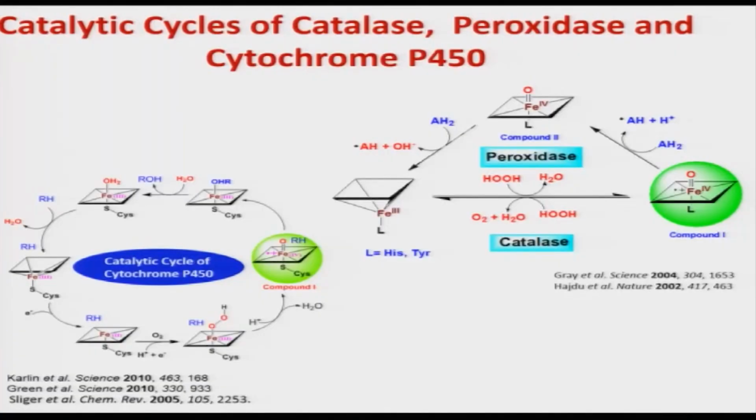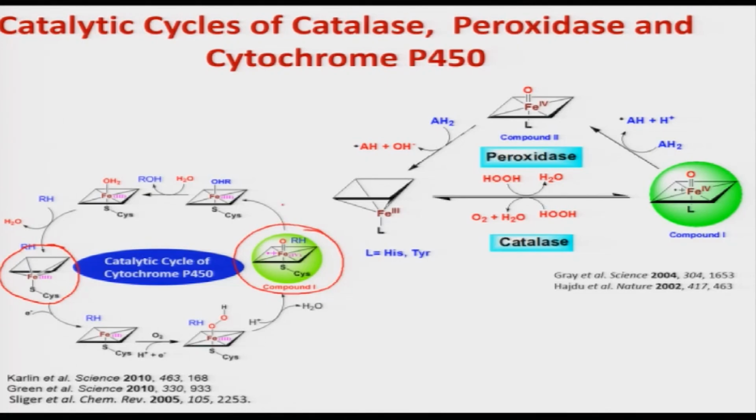Here I have compared the catalytic cycles of catalase, peroxidase and cytochrome P450. As one can see in the catalytic cycle of cytochrome P450, this is the resting state of the enzyme, which is iron(III), and iron(III) converts to iron(II), it is reduced, and then once it becomes iron(II) it binds dioxygen, and eventually after O-O bond cleavage it forms this iron(IV) oxo cation radical.